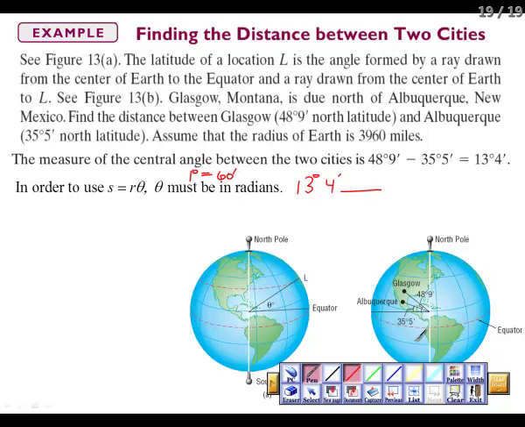What's going to go in the denominator? Is it going to be the 60 minutes, or is the 1 degree going to go in the denominator? Actually, let's make this 13 degrees plus 4 minutes, to break that up a little bit. Alright, we're going to put the 60 minutes in the denominator, 1 degree in the numerator, so that the minute units cancel.